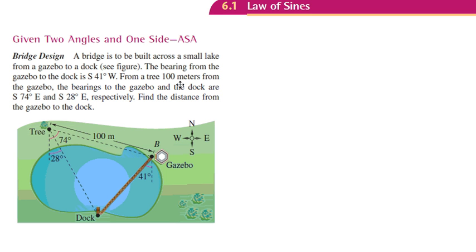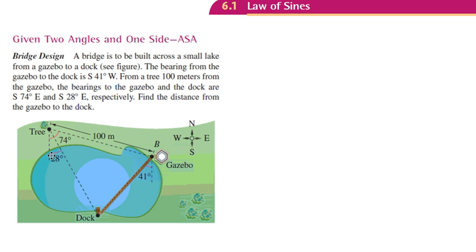Now from a tree 100 meters from the gazebo, so here we have this distance right here, the bearings to the gazebo and the dock are south 74 degrees east and south 28 degrees east, respectively. South 74 degrees east means we're going right, because east is to the right.